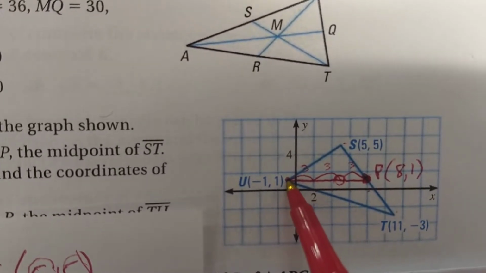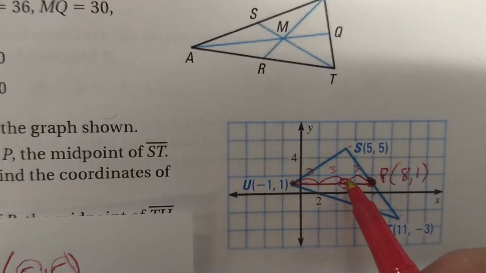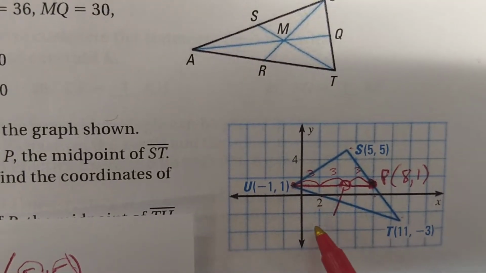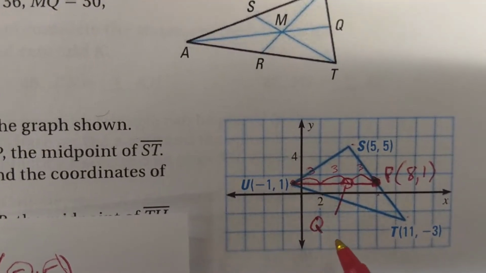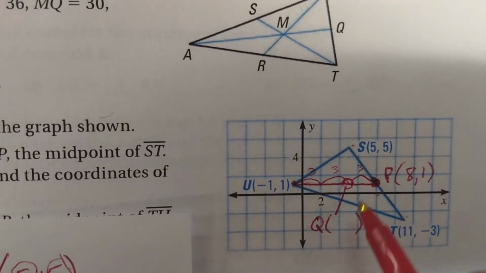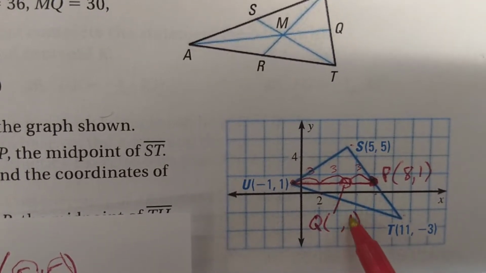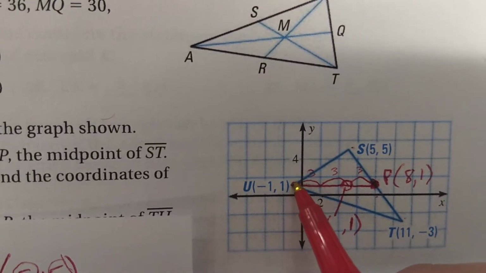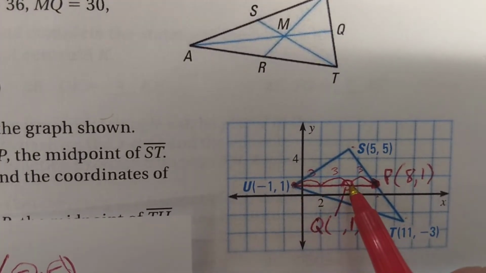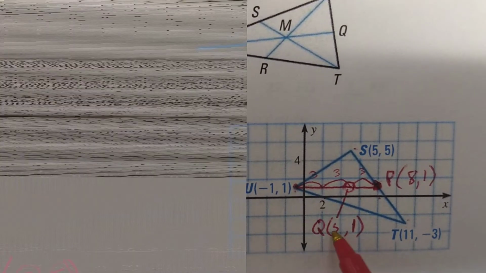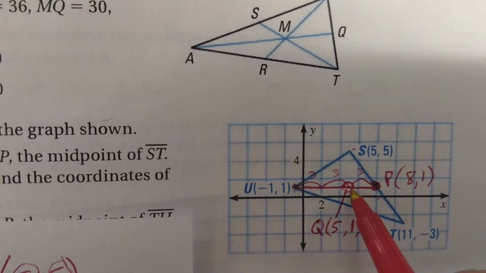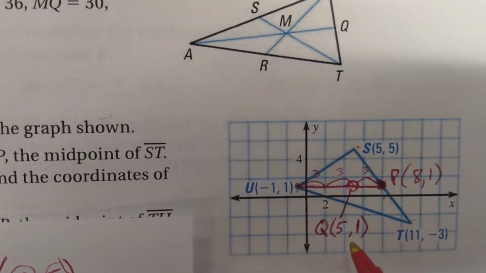That would tell me that this point, I'm going to draw a little line here, that we're calling point Q, we know has a y value of 1, but it's also a distance of 6 away from negative 1. This point must be at 5, 1.